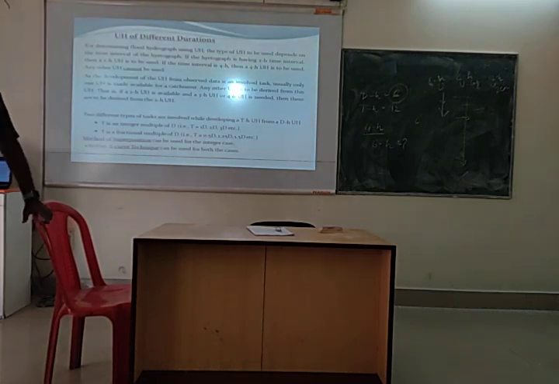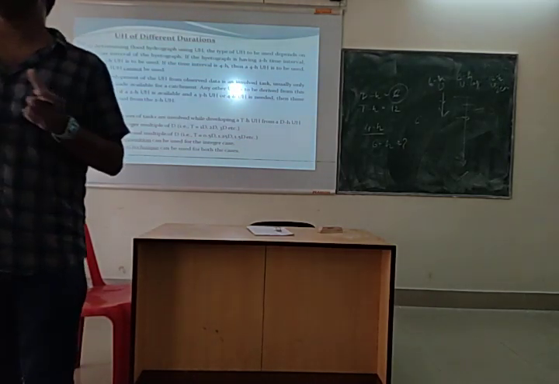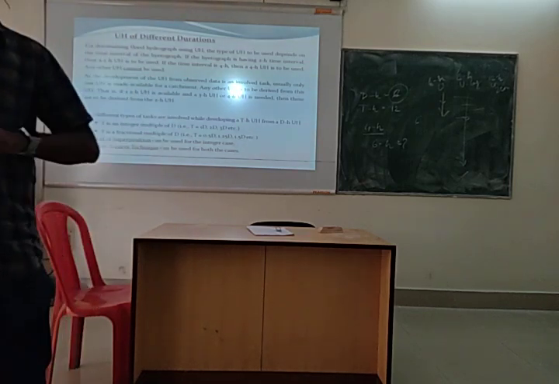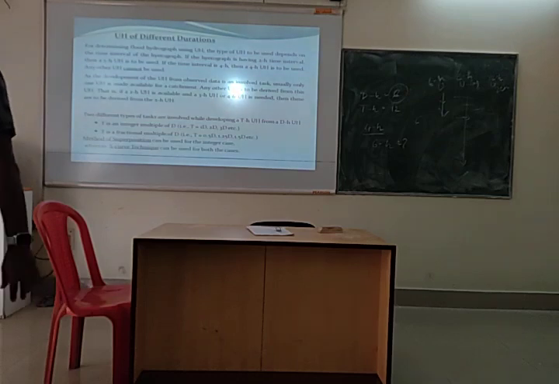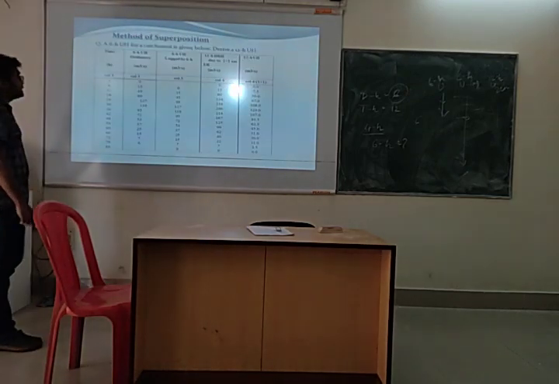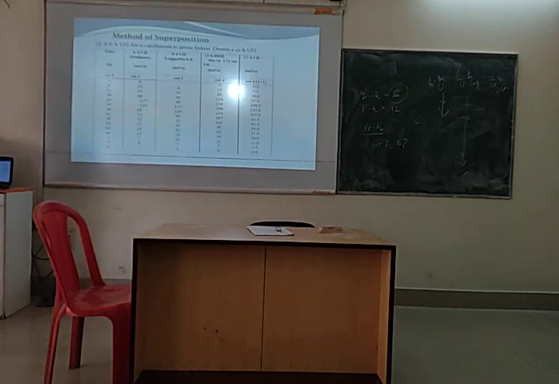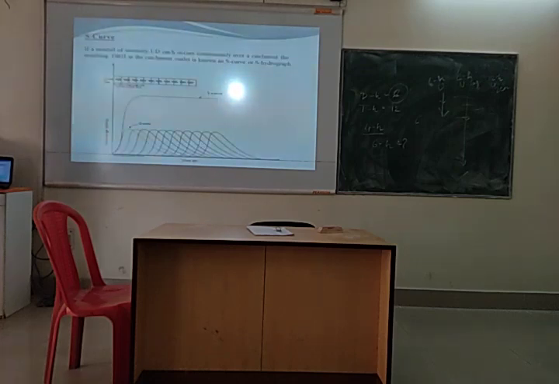So the S-curve method is valid for both cases, but the method of superposition is valid for only one case, that is, if T is an integer multiple. This data we have seen already. This was the example we discussed, and this was the graph for that.